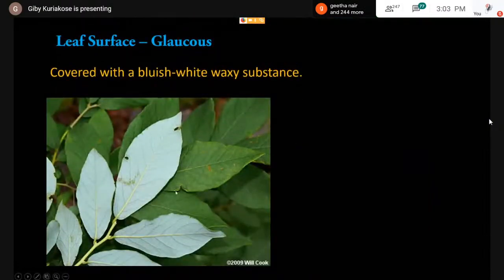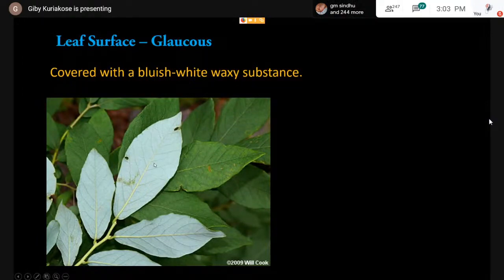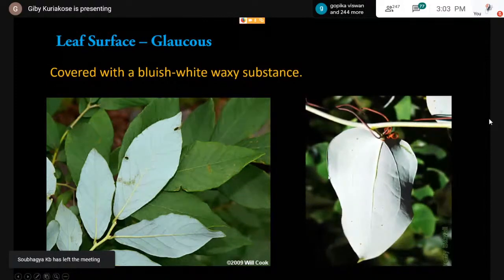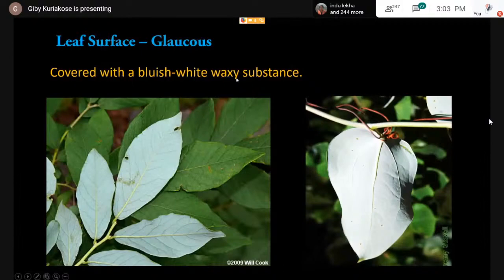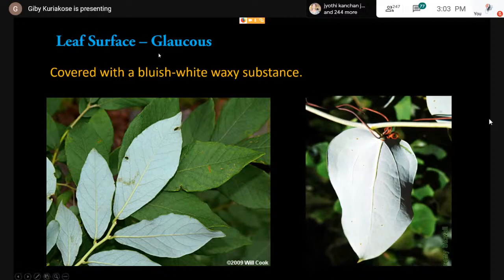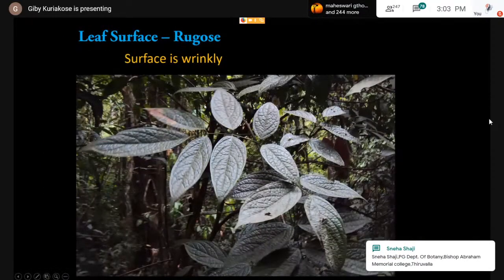Okay, these leaves are glabrous, but when you take the underside, you can see a silvery or whitish coloration. This condition is called glaucous, especially glaucous beneath. Sometimes the leaf upper surface is also slightly glaucous. This might be due to a wax coating above the leaf.